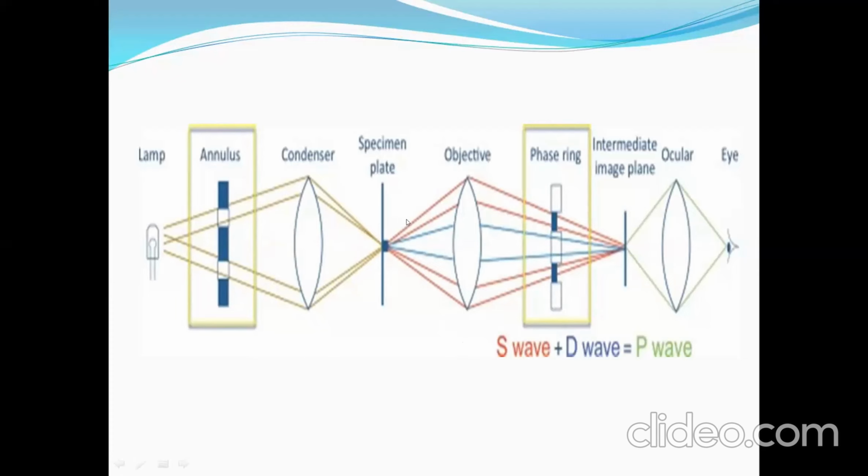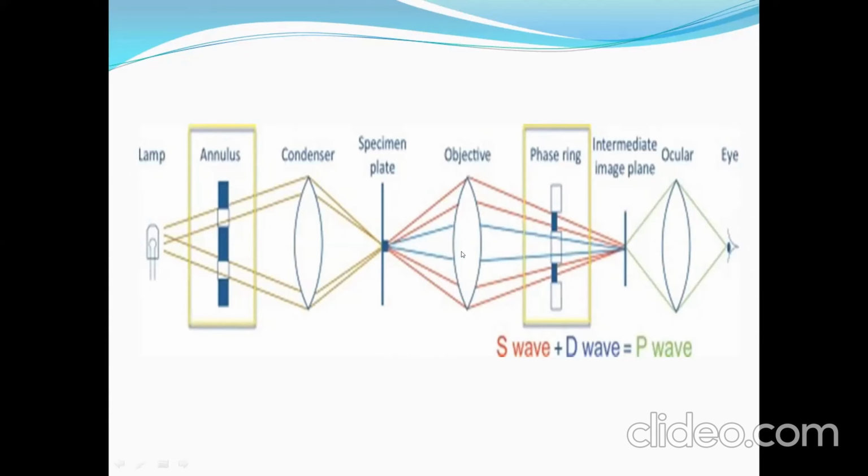The light rays which encounter the bacterial cell, we can call diffracted waves or deviated waves, right? And the light rays which do not encounter the bacterial cell, we can call undeviated rays or surrounding rays, or surrounding waves. Here you can see the blue markings.